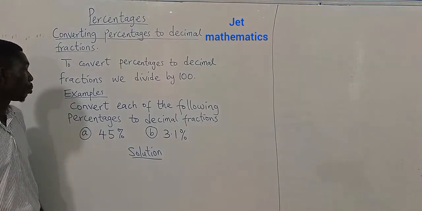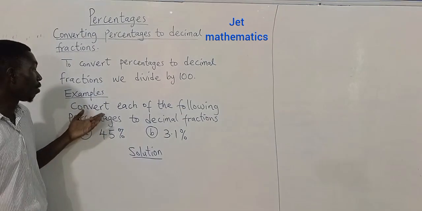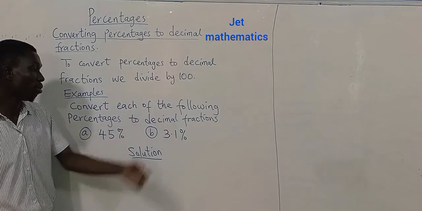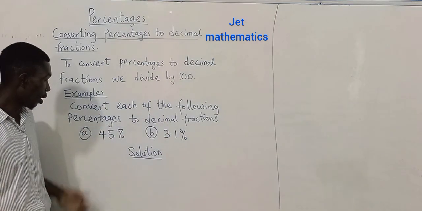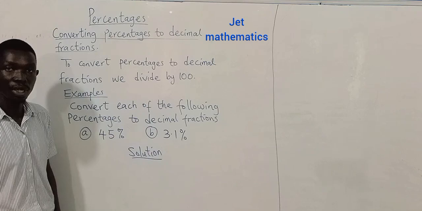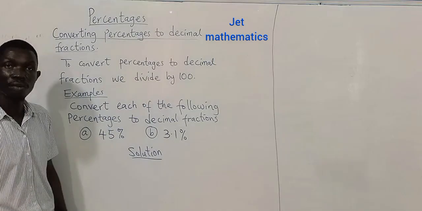So we have examples on the board here. It says, convert each of the following percentages to decimal fractions. The very first one here is 45%. Quickly we are going to solve this.